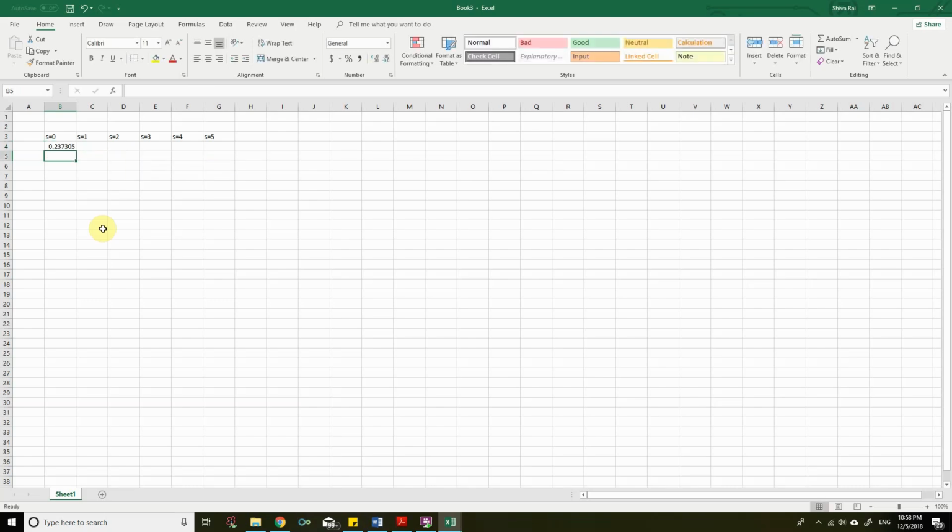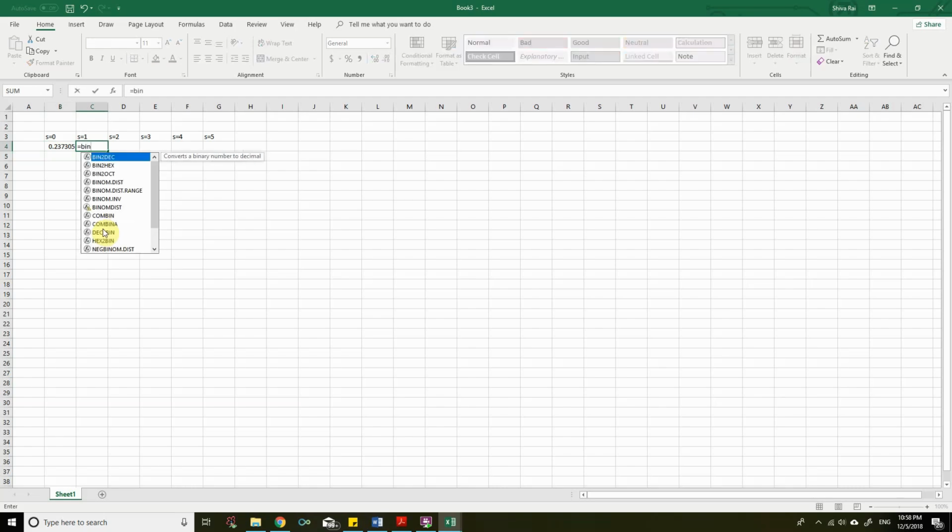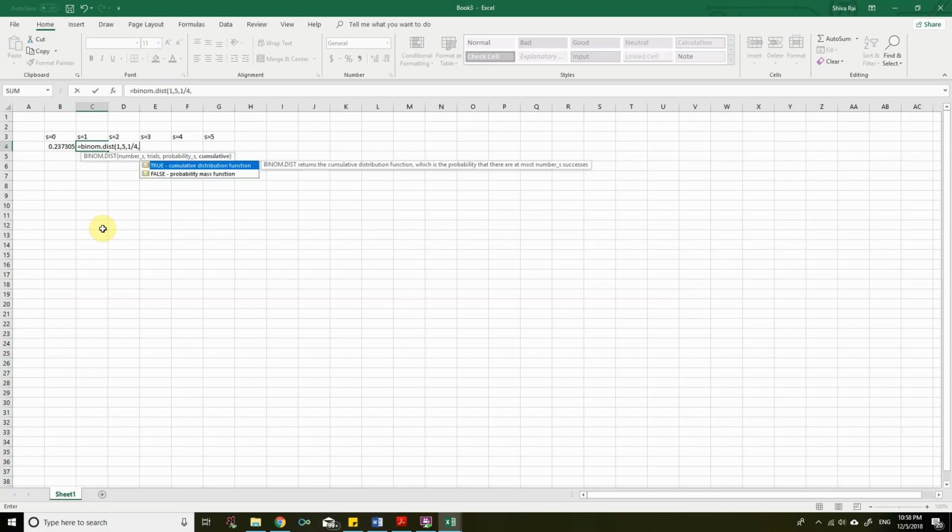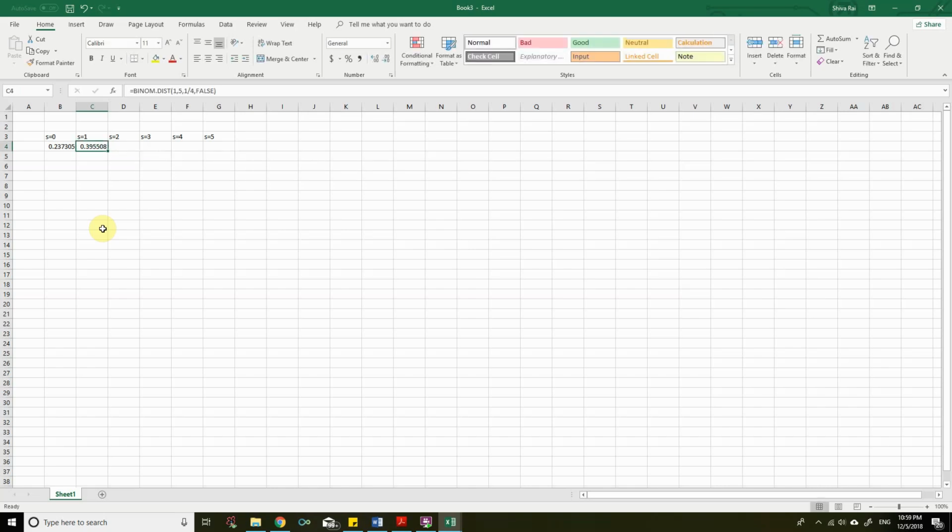So that's 0.2373. This one is nearly the same thing: equals BINOM.DIST, number of successes 1, number of trials 5, probability of success 1/4, cumulative is FALSE, bracket close. That's 0.3955.